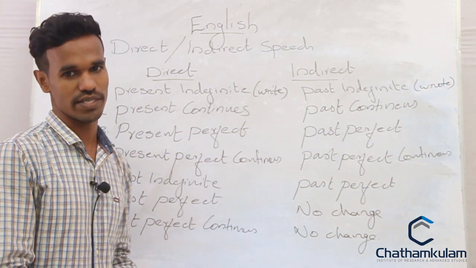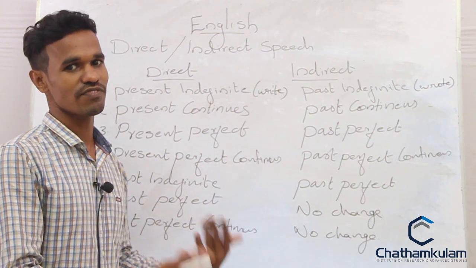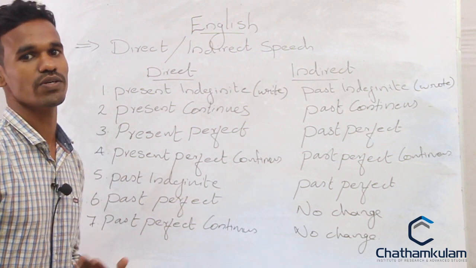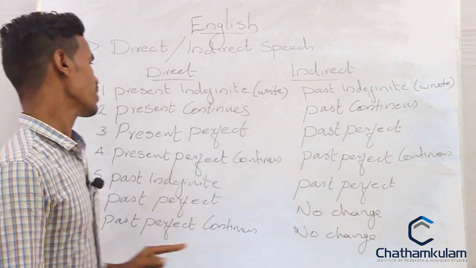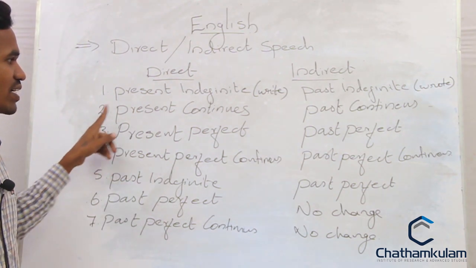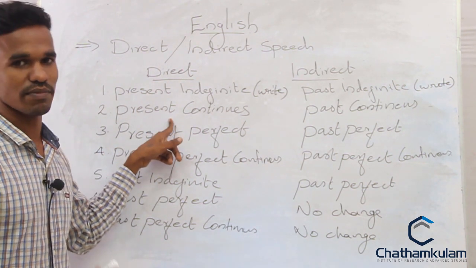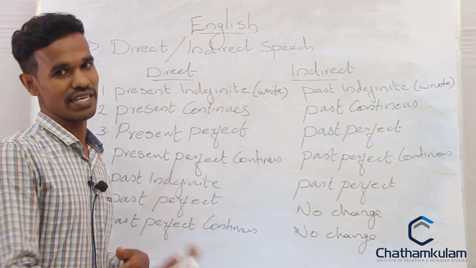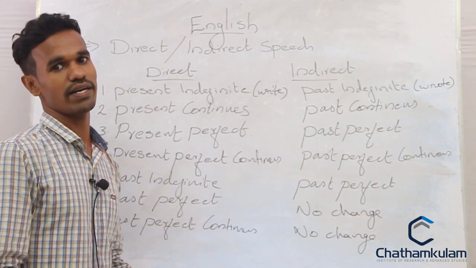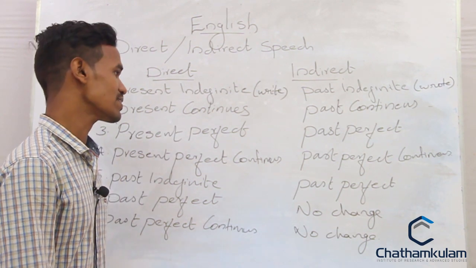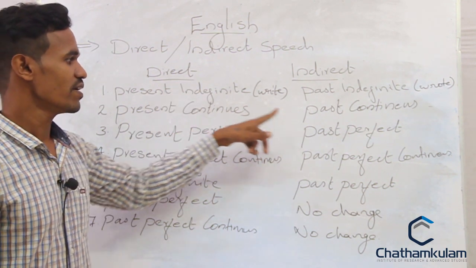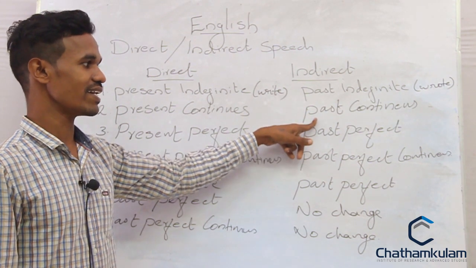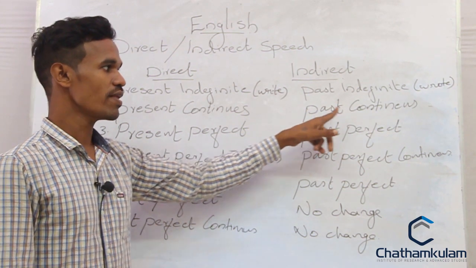It is a future tense, and that event is going to happen, so will write will be changed into would write. Come to the second rule, present continuous. Present continuous means something is happening right now, and we normally add -ing as the continuous tense. Present continuous in direct speech will be changed into past continuous in indirect speech.